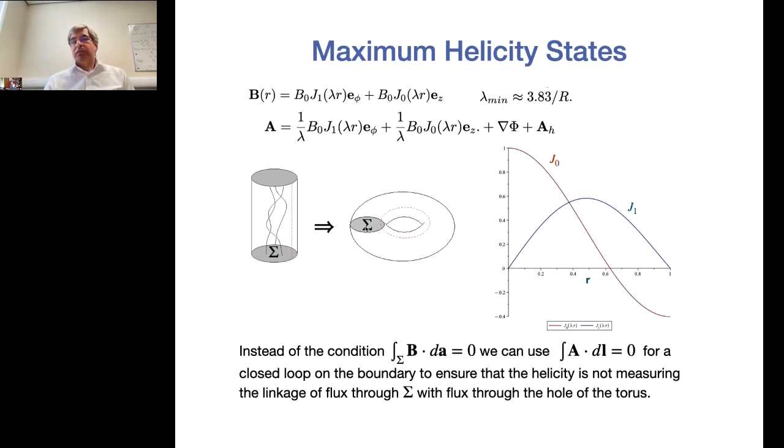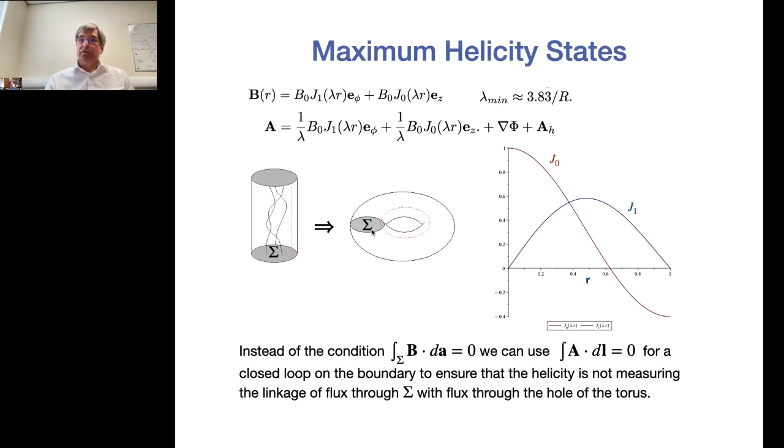What the physical meaning of this condition is that the helicity in the torus is actually independent of any flux through the whole of the torus if the total flux through sigma vanishes.